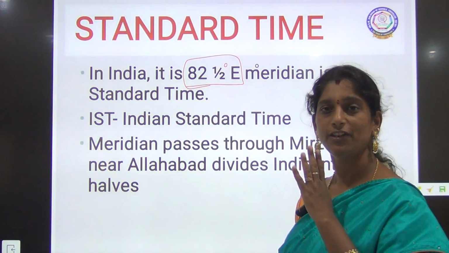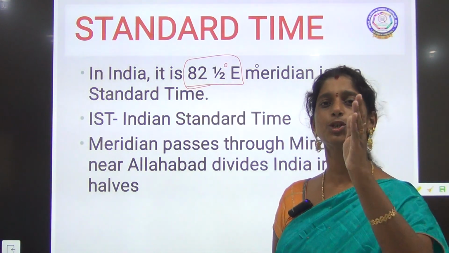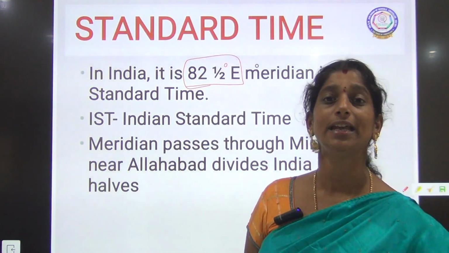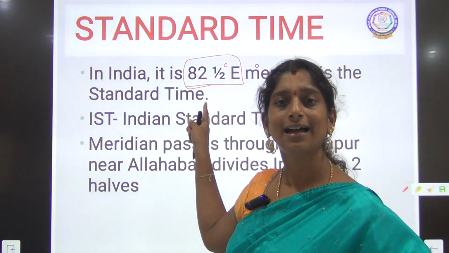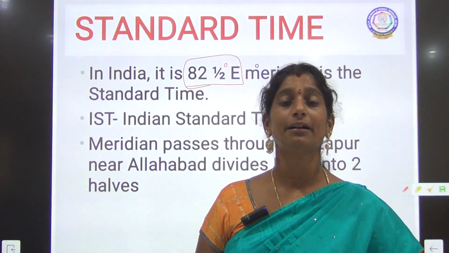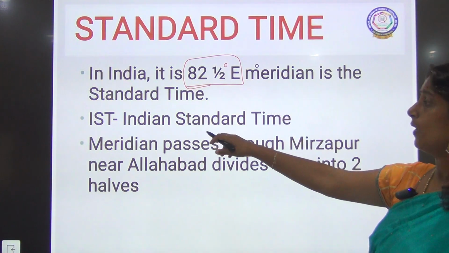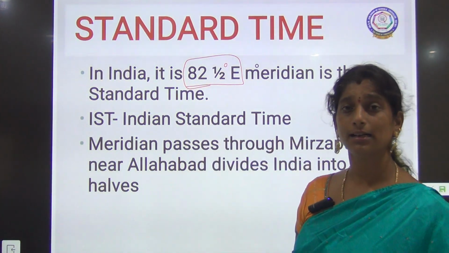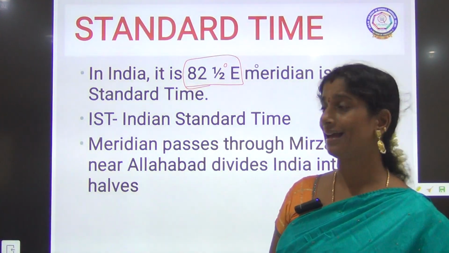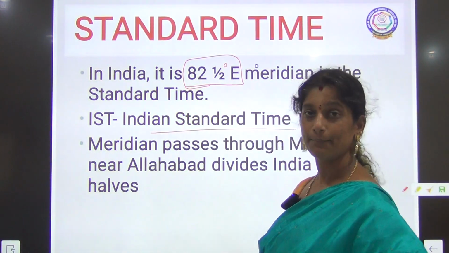So we follow the time of the central meridian of India, and that line passes through 82.5 degrees east, clear? The standard time in India is called Indian Standard Time, IST.